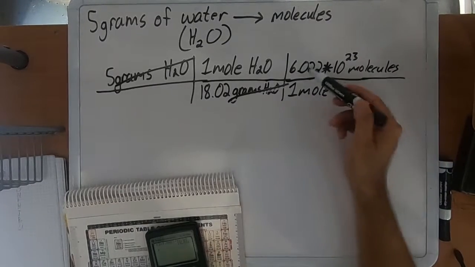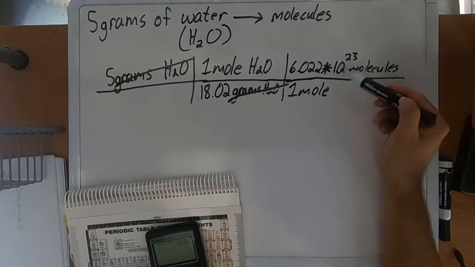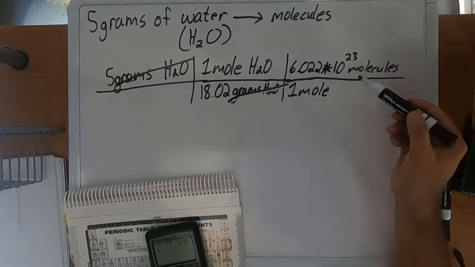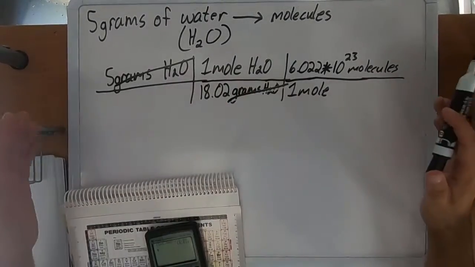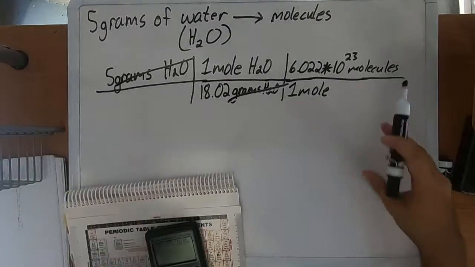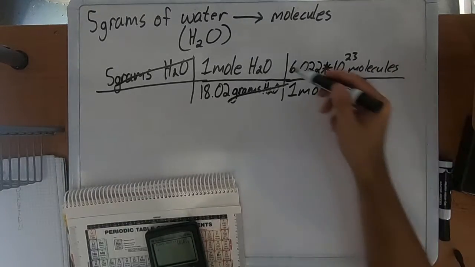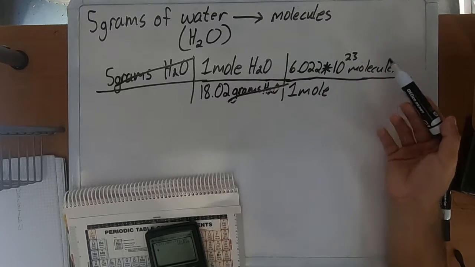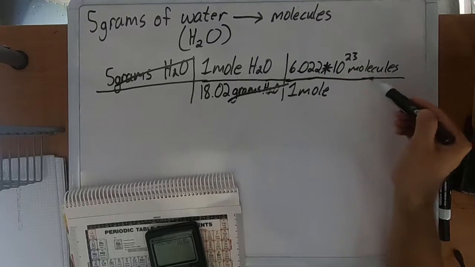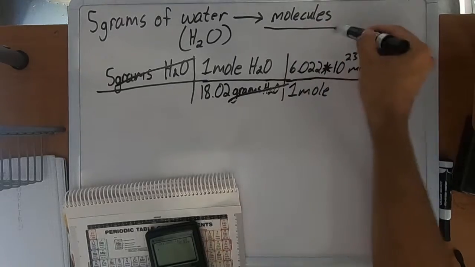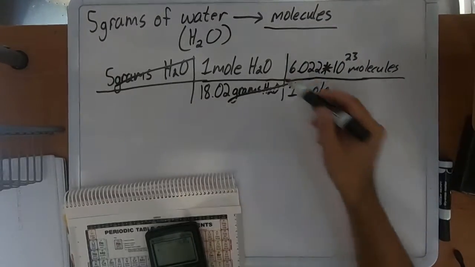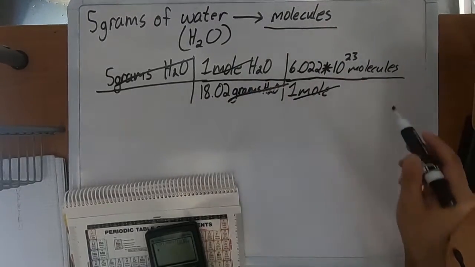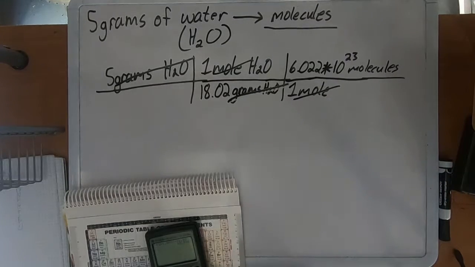Now remember, this is in scientific notation. Times 10 to a power. It has a lot of zeros, but I'm just not going to write it that big. So 1 mole of anything is this much. We're talking about chemistry, and usually this number applies to molecules. And in fact, that's what we're looking for. So moles cancel out, and we're left with molecules.